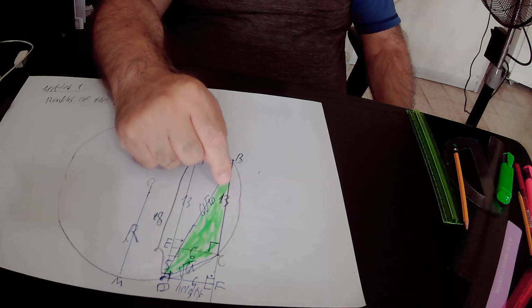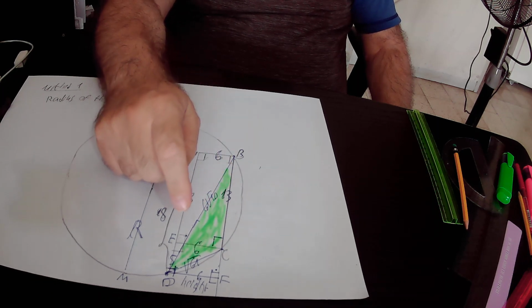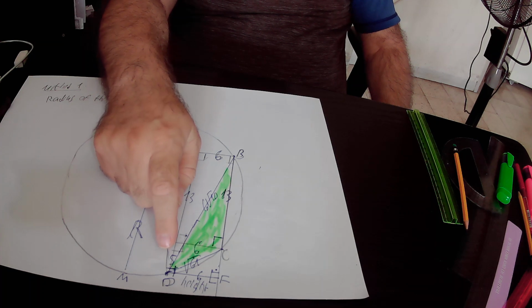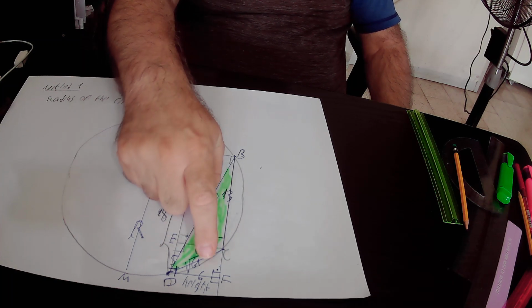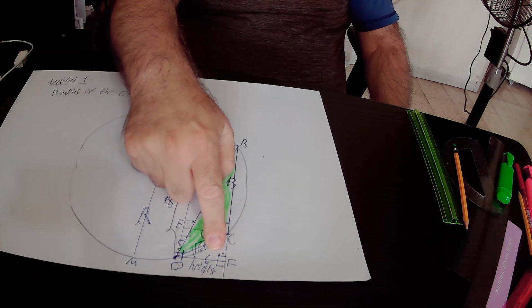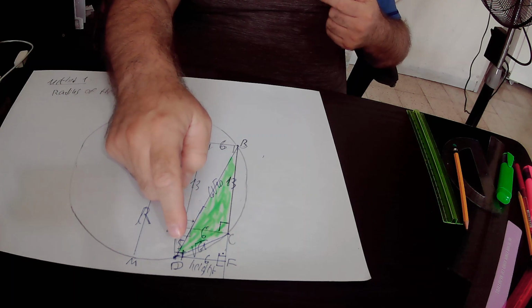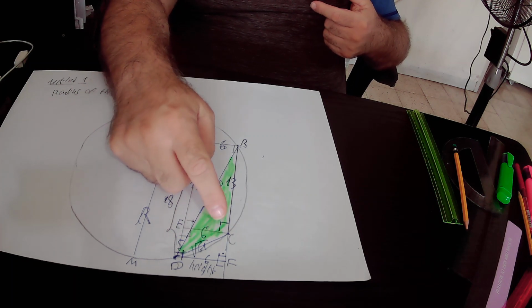So we extended BC by a straight line, and then from point D, the vertex of the green triangle BCD, we drew a perpendicular on the extended BC. That is to say, this angle equals 90 degrees and this angle equals 90 degrees according to our construction. We define the touching point of the perpendicular from point D on the extended BC as F.